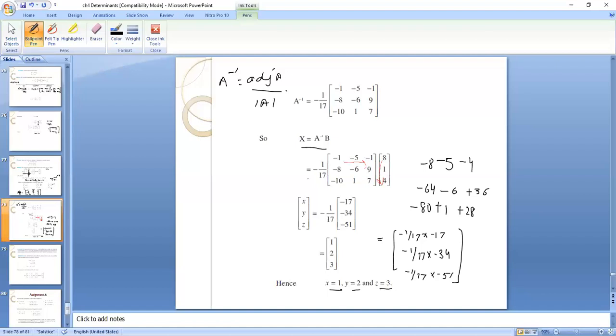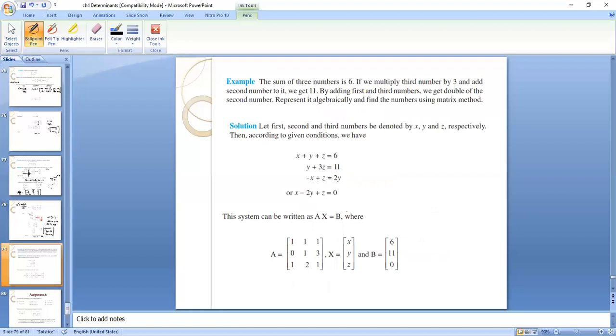Now you can see, statement questions can also come. This question is given in the statement. You have to analyze, you have to write the mathematical model, then you have to solve. So the question is, the sum of three numbers is 6.